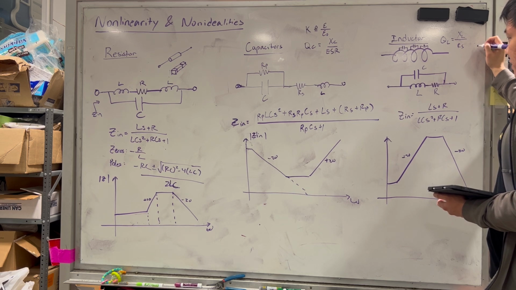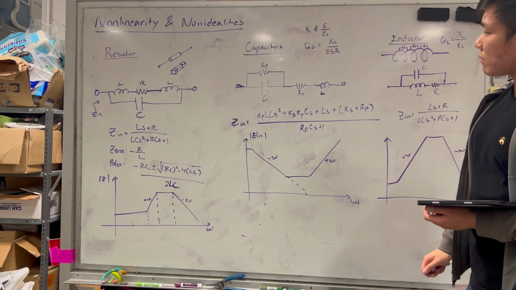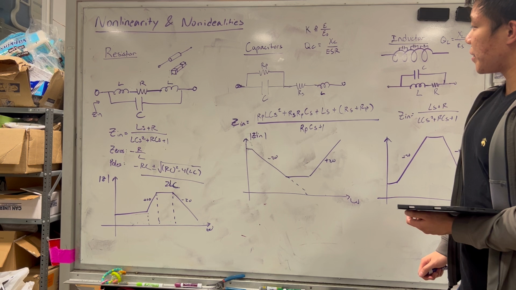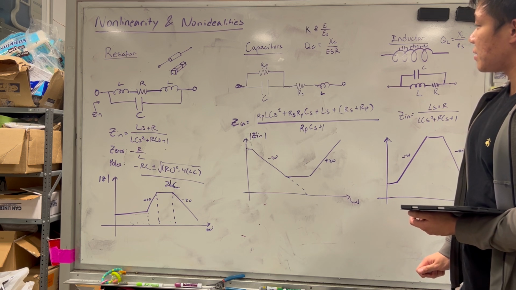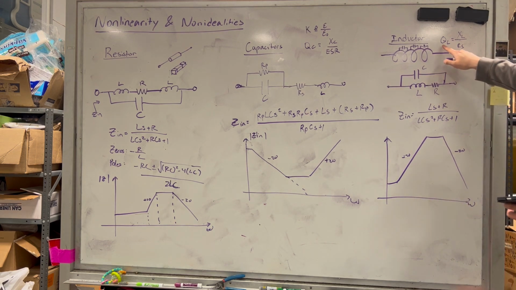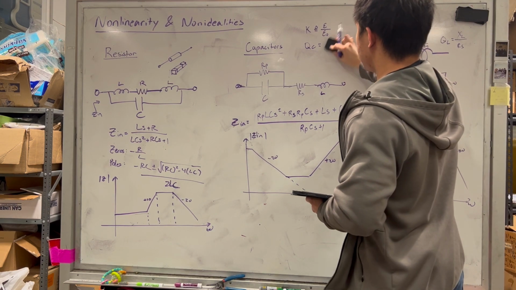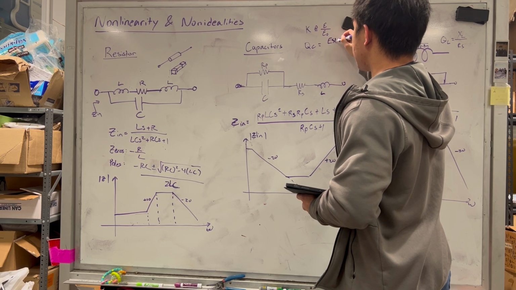That doesn't seem right. Should be the other way around? If you have a really good quality factor, ideally infinity, that means RS is small, so this is right. This might be flipped.